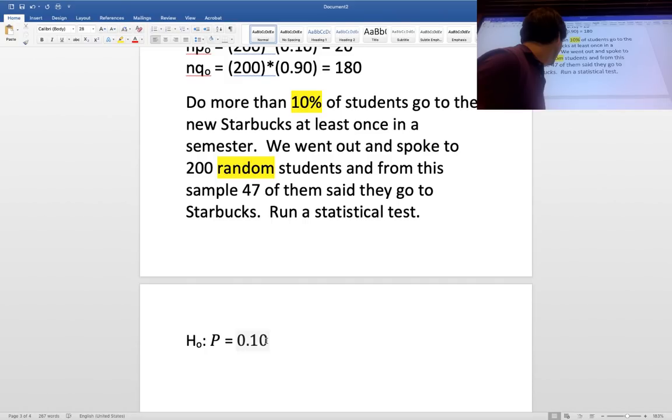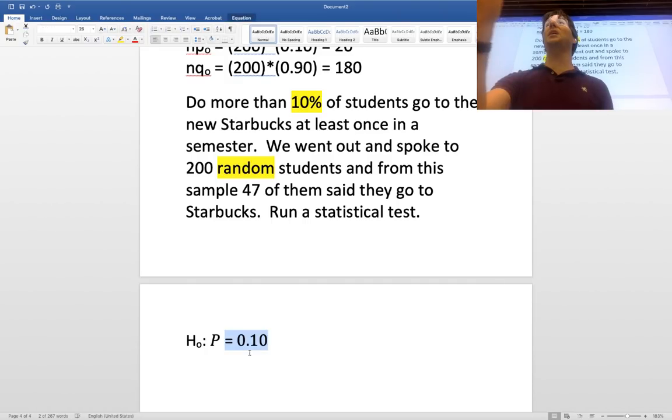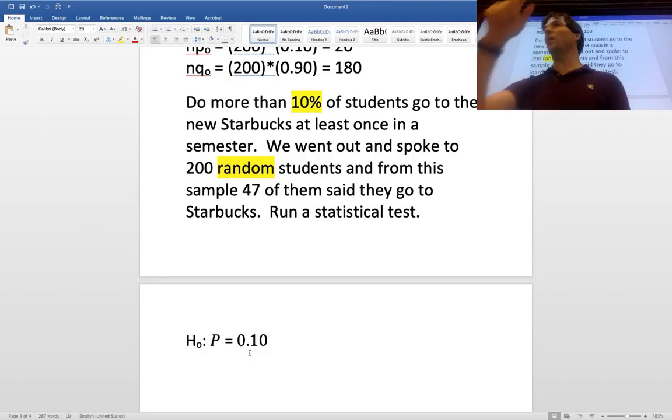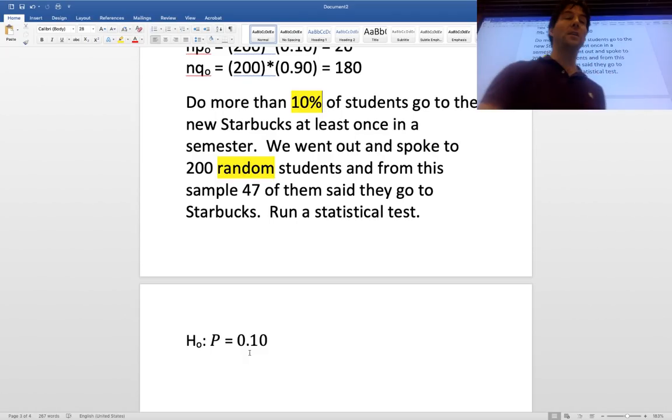The hypothesized proportion, P naught. Just a moment ago, we'll go back in time here, P naught was there. So P naught is 10%. Does that make sense? So we just have to make sure we note everything. Be like, that's my null proportion. So 10% is the hypothesized amount. And I also see another thing in that first sentence. What is this going to tell me?